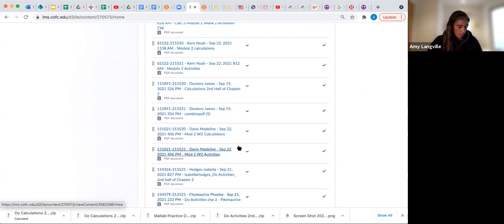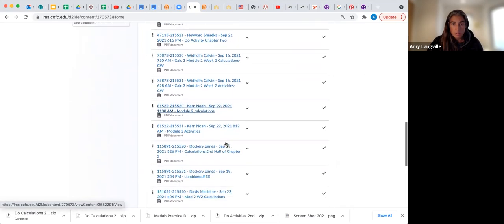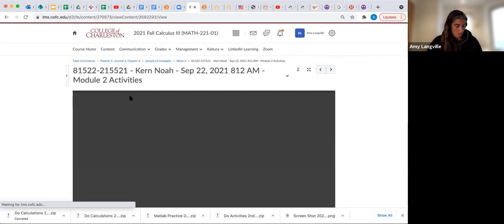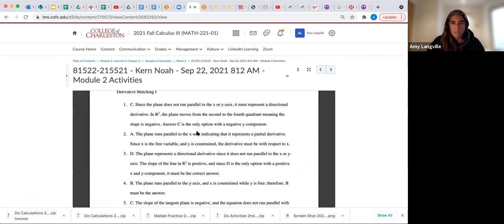Okay, and the one I want to take a look at first is Noah. His activities. Oh yes, so for the derivative matching, a lot of you just showed the matching and maybe a little bit of work, but this explains why he chose each one in his thought process, like whether it was running parallel with an X or Y axis.